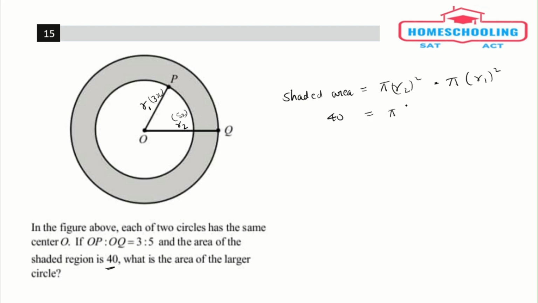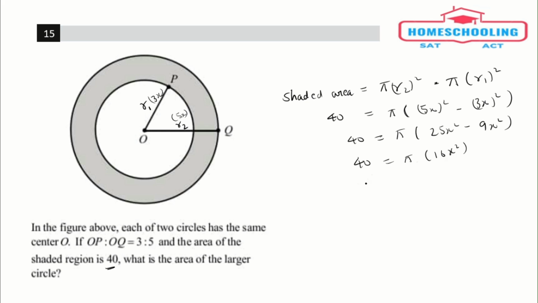Taking pi common, pi times 5x whole square minus 3x whole square. It can be written as pi times 25x square minus 9x square, which is 16x square.